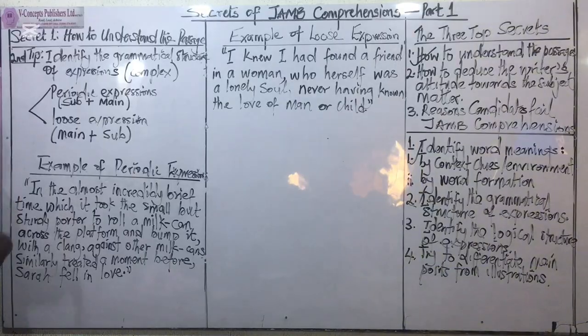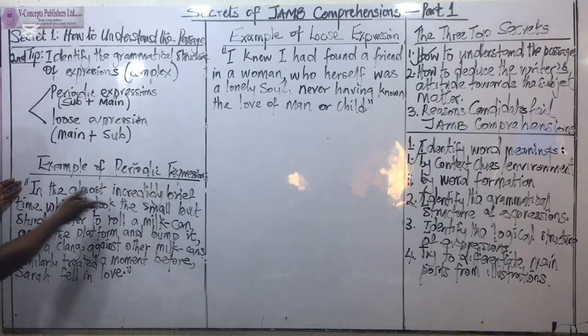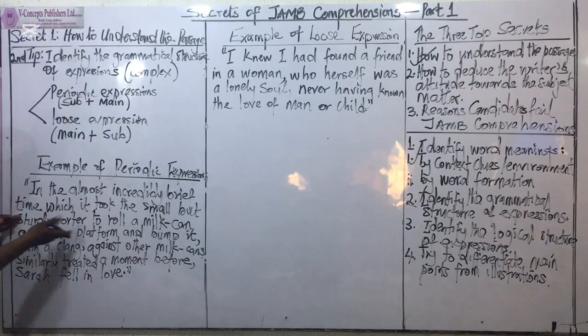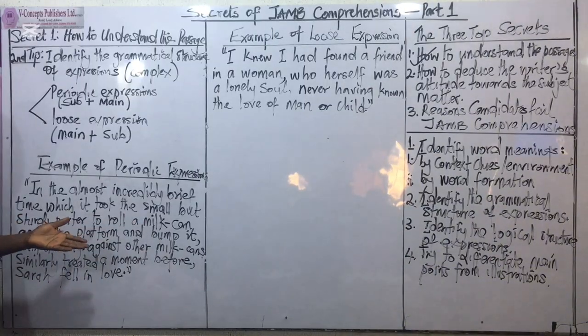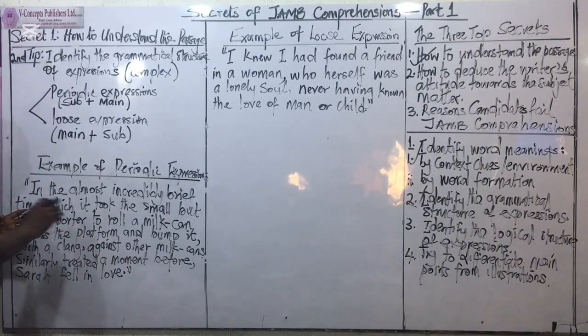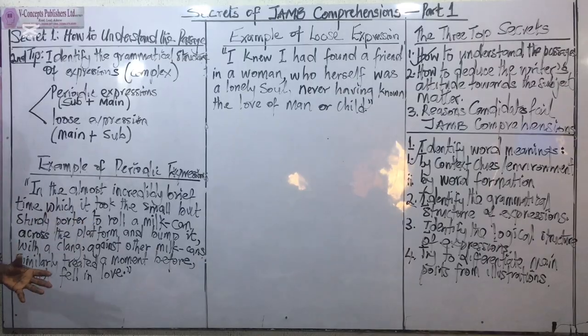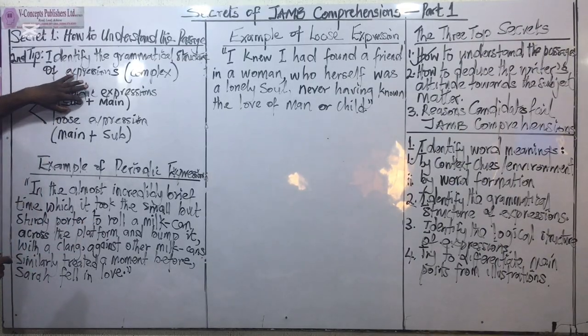Okay, let's say we don't understand the idea of periodic and loose expressions, and then you want to understand it headlong. Let's go. In the almost incredibly brief time which it took the small but sturdy porter to roll a milk can across the platform and bump it. What have they said to us with that? Nothing. To roll a milk can across the platform. Nothing. They have not said anything to you with that. So that is why we call that a subordinate expression or an illustration in this sentence.